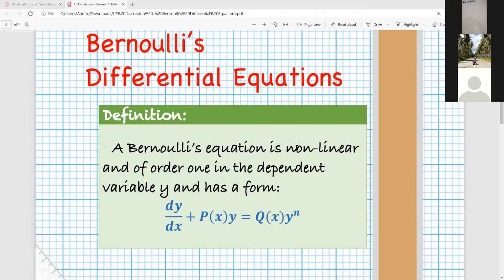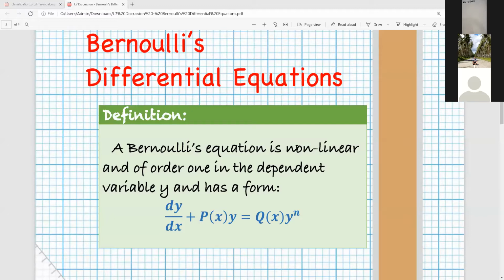A Bernoulli's equation is nonlinear and of order 1 in the dependent variable y and has this form: dy over dx plus p of x times y, equal to q of x times y raised to n.